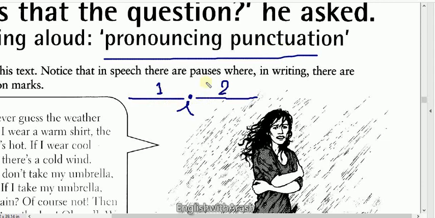What is punctuation? Punctuation is period, exclamation mark. So there's going to be a pause here, right? Because there is a period.